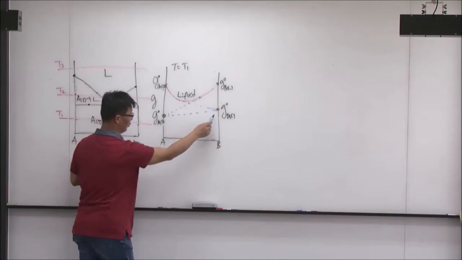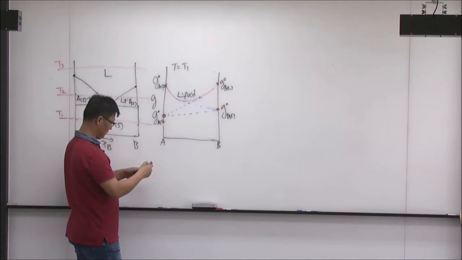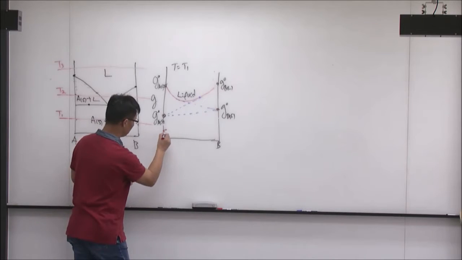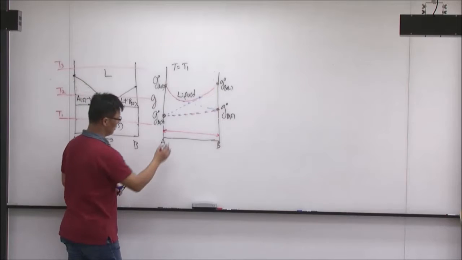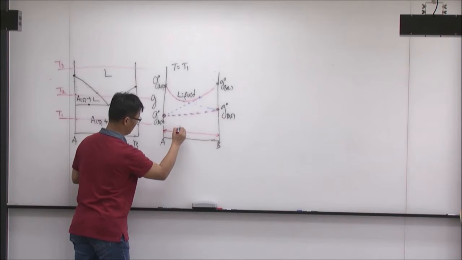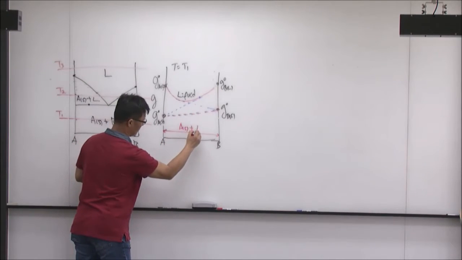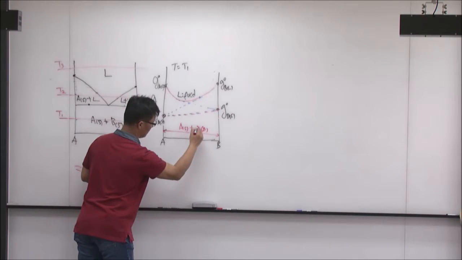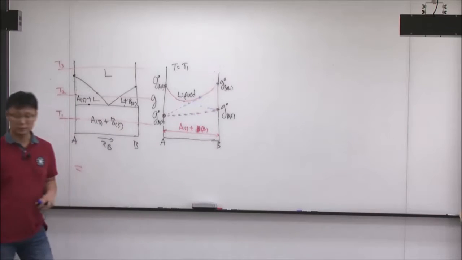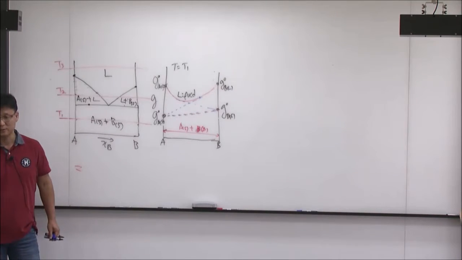And so when you have solid A and solid B existing together, this one has the lowest Gibbs energy combination in the entire range. Is it okay?